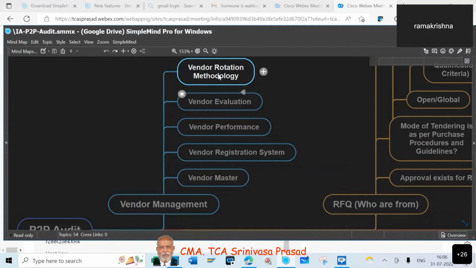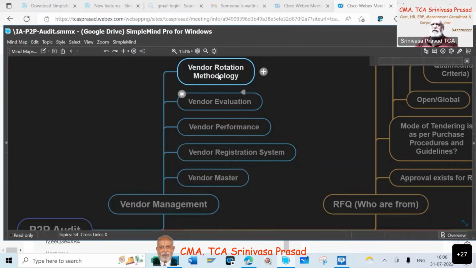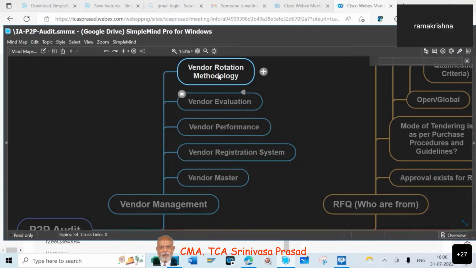So we have to look at changing over the vendors. But if the vendor gives good quality at a correct price, then what is the point in changing? Why should I change? Correct quality, then okay. But dependency will be there. They will give correct quality and price also, but the dependency will be there.